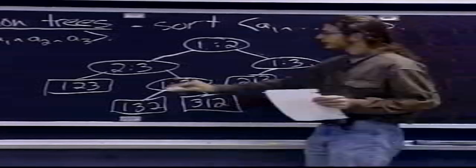And what the leaves mean, I'll also write down the general form here. The leaves are telling you what the final order is. So 1, 2, 3 means that the numbers were in sorted order. Why is that the case? Following along, this branch means that A1 is less than or equal to A2.